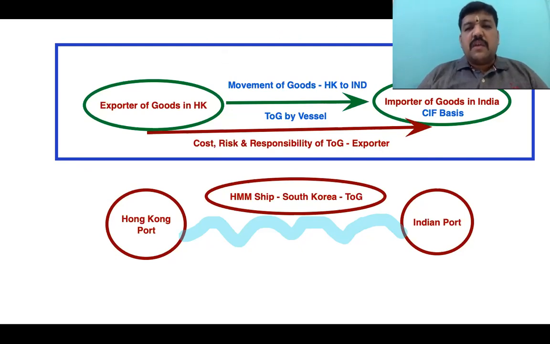Who is the supplier of service in this transaction of transporting goods by vessel? In our example, who is the supplier of service? Ganapati, check. Transportation of goods by vessel. Who is the supplier of service?